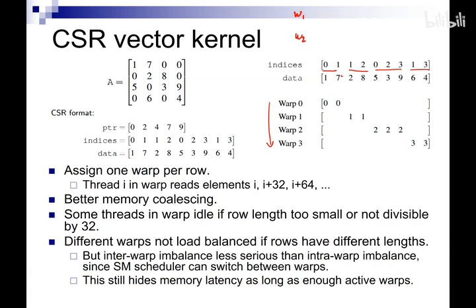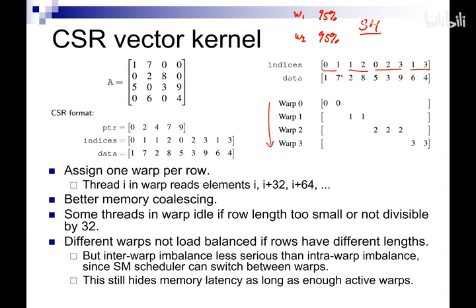Let's say you have like 95% imbalance, which means that one thread is going to do like 20 times as much work as some other thread. Let's say both warps are severely imbalanced like this. Now remember that you have multiple warps executing on the same SM. So we have one SM here, and let's say that both of these warps are executing on this SM.